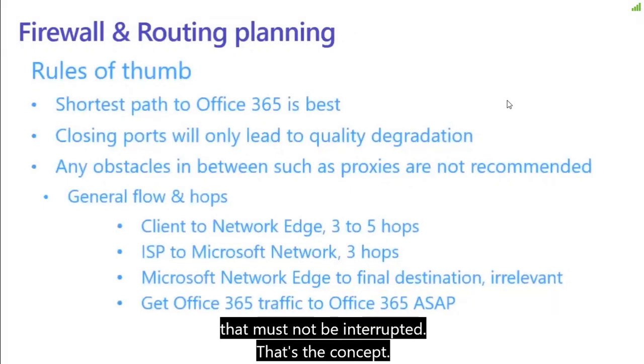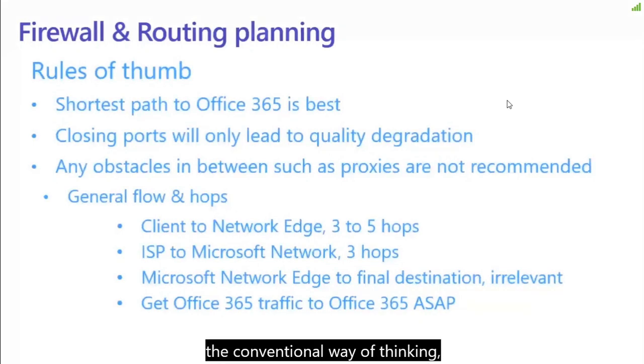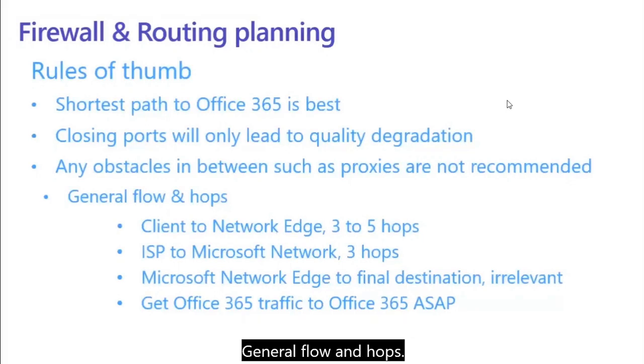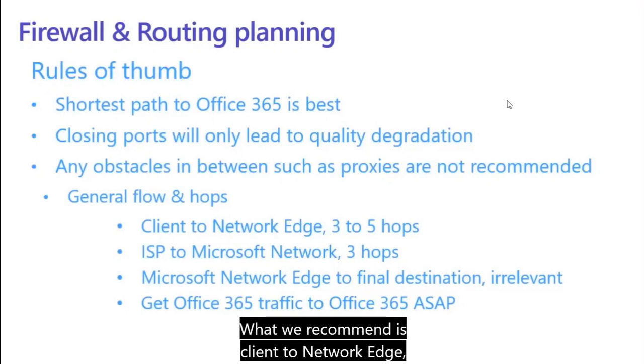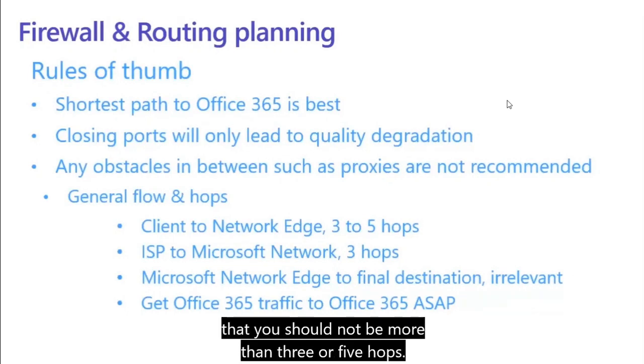That's the concept. It is, of course, slightly different from the conventional way of thinking, where we were always thinking about the packets that come from outside to inside. But now this is a totally different direction as well. General flow and hops, what we recommend is client to network edge, which is your own egress point, should not be more than 3 to 5 hops.